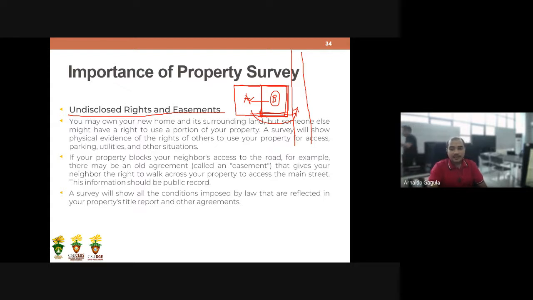So you need to give access to property A, even if you own all that tract of land.